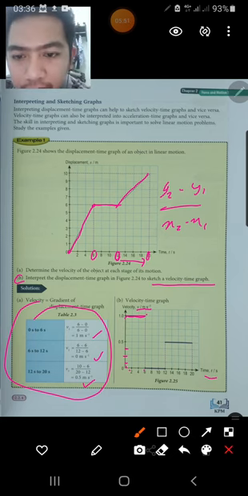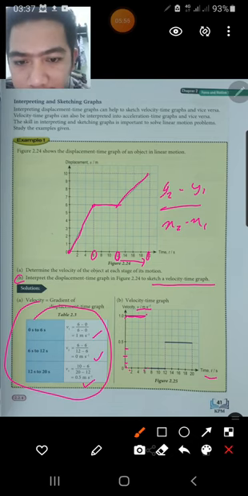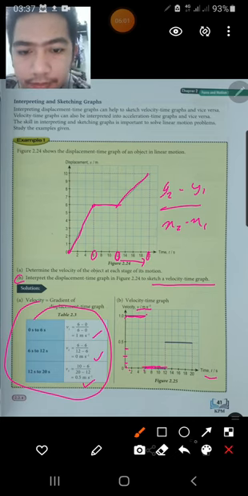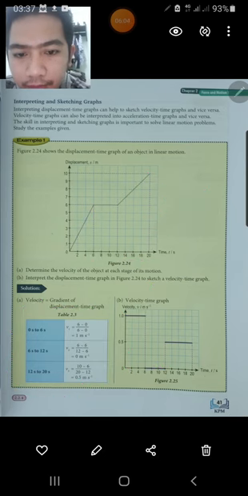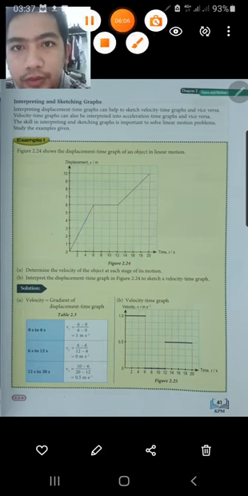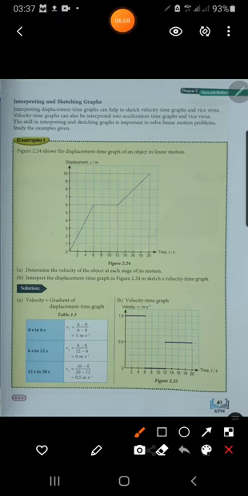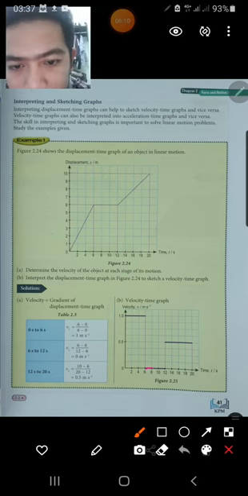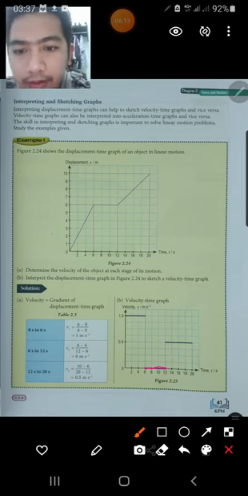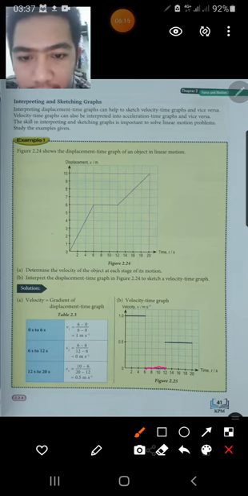From 6 to 12, the velocity is 0, so it is down here, 6 to 12. Draw it neatly. And then 12 to 20, here it is 0.5. Following the mark, the velocity is 0.5, so it is here.